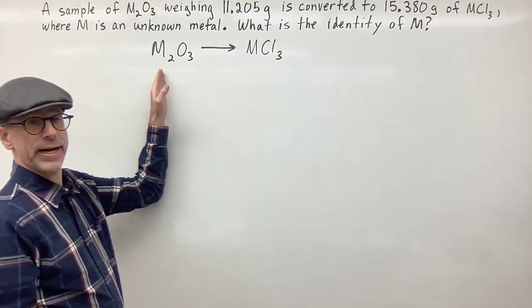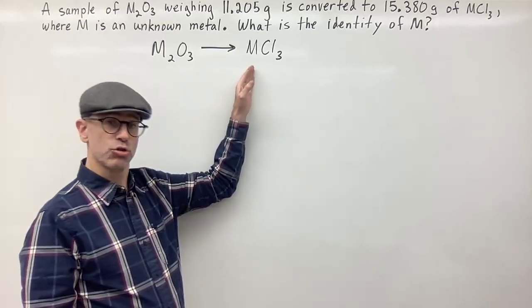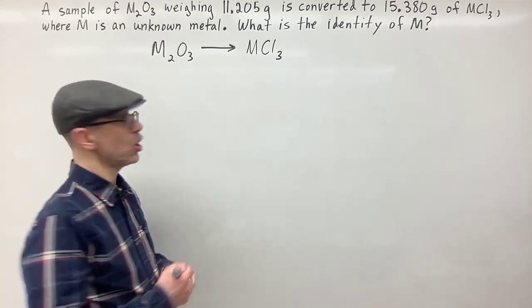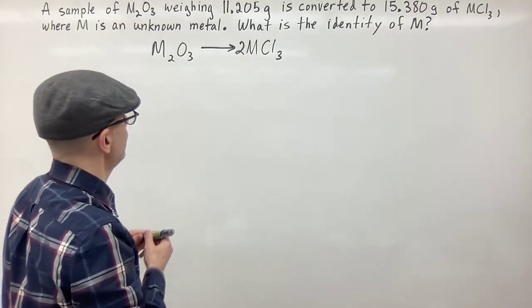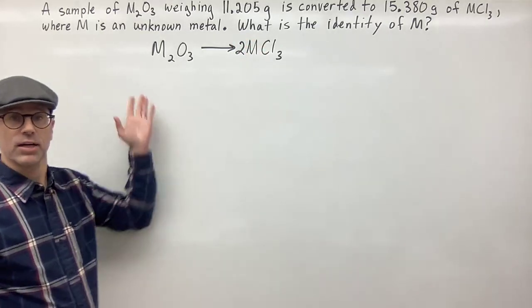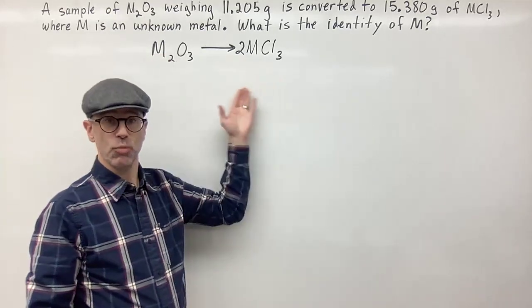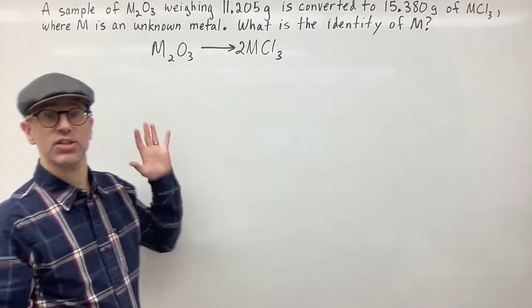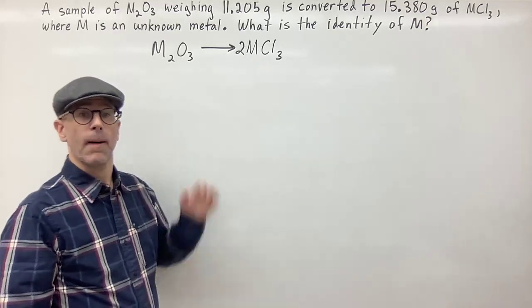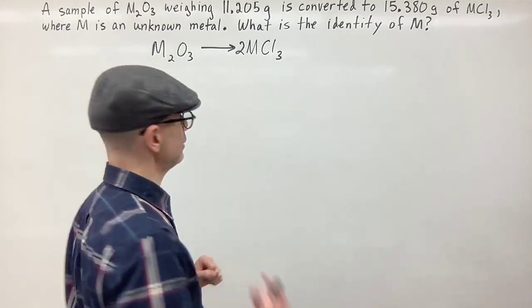And so as far as having 2 moles of M on this side, we should have 2 moles of M on this side. And so we can add a coefficient. And so we know that 1 mole of this substance should give us 2 moles of this substance in the balanced equation. We don't need to know what everything else is. This gives us a mole ratio. Okay, so that's number one.